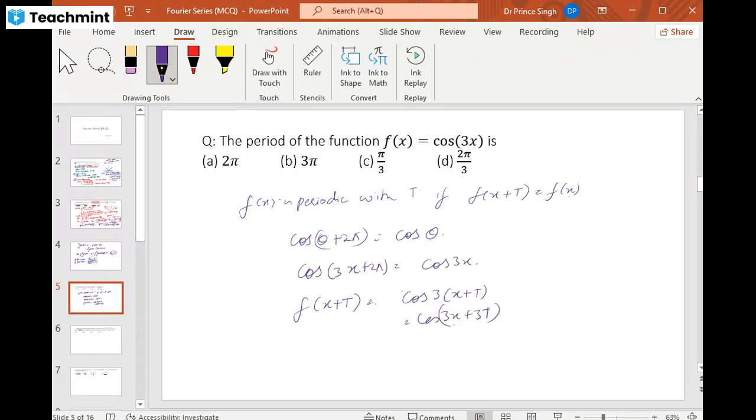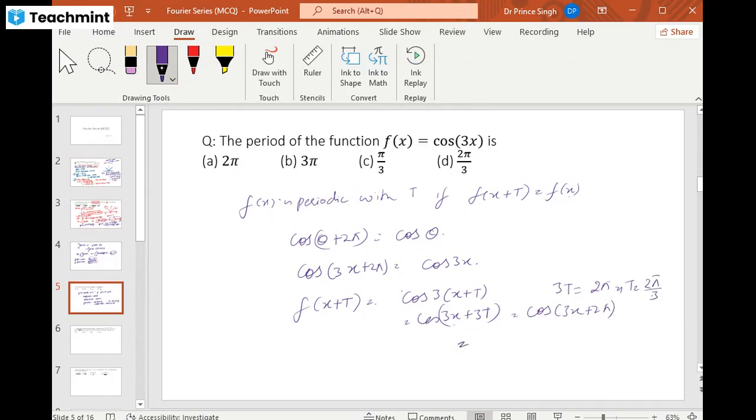So what value should we add so that it is equal to cos 3x? We need to add 2 pi. So 3t is equal to 2 pi, because this gives cos of 3x plus 2 pi. So what is the value of t? T is 2 pi by 3.